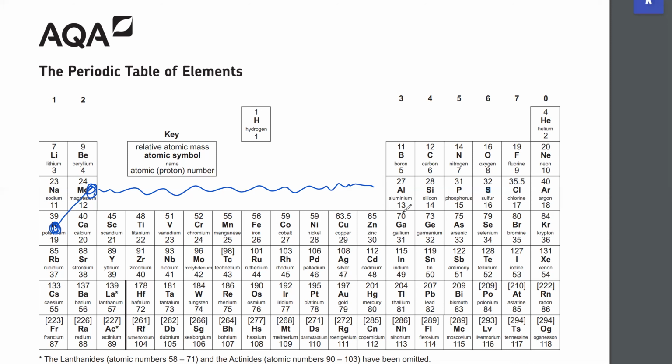So the ionization energies are going to dip. Okay, so ignore all the transition metals for now. So it's going to be group 1, group 2, there's going to be a dip at group 3. Then group 4 and group 5, they would rise. Then there's going to be a dip at group 6. Then there's going to be group 7 and then noble gases. Okay, so this is what the sketch would look like.